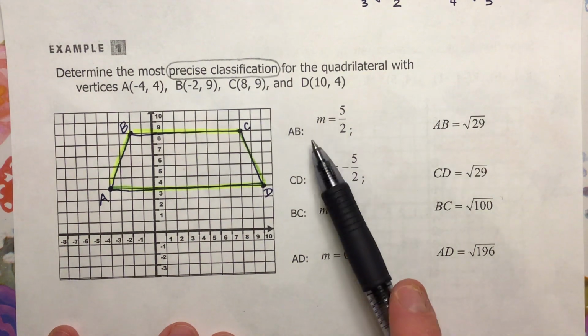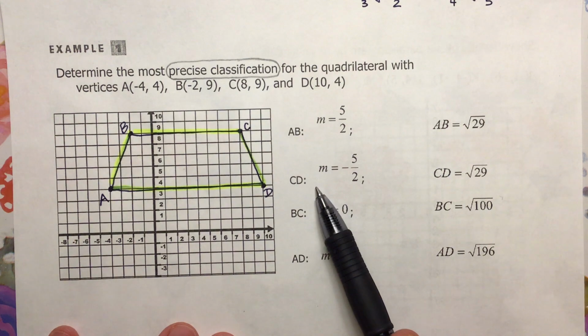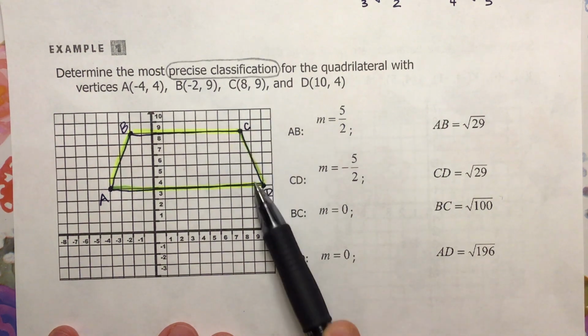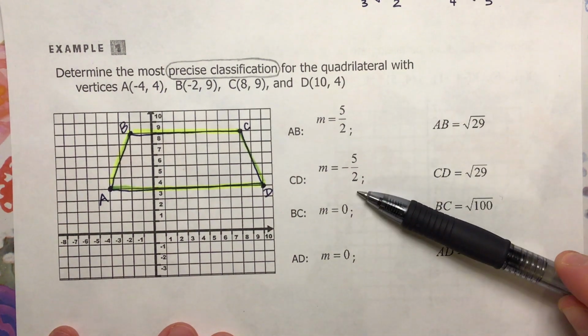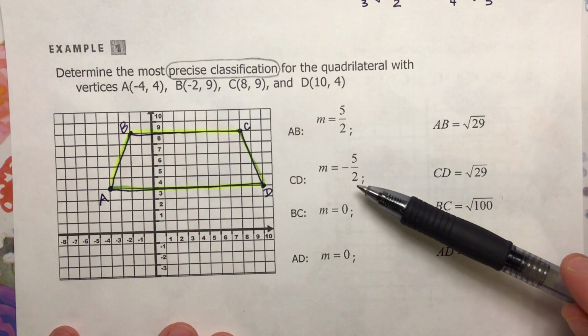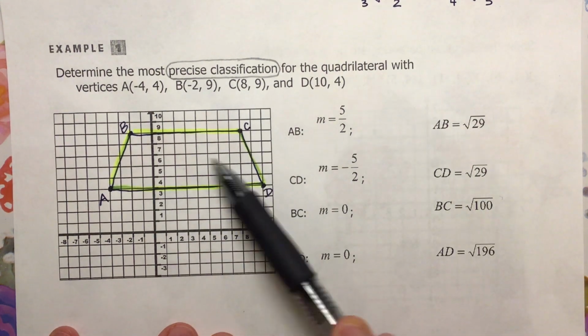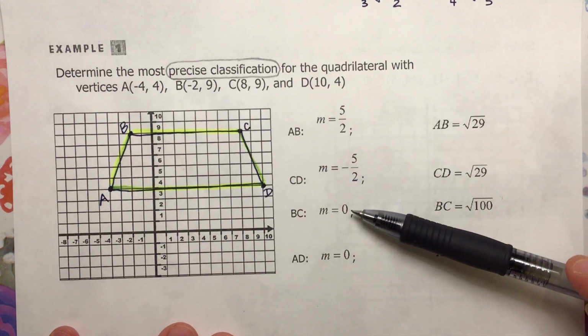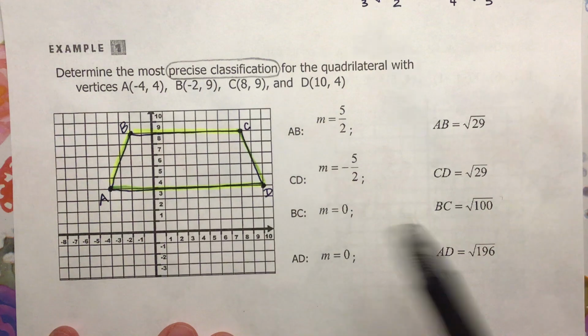I have the slope of AB is 5/2, and the slope of CD is -5/2. Okay. These are not perpendicular. We know they're not perpendicular because this is not a reciprocal. These are not parallel as well. So we know that these two lines are not parallel. Now let's look at BC. That has a slope of 0, and AD has a slope of 0.